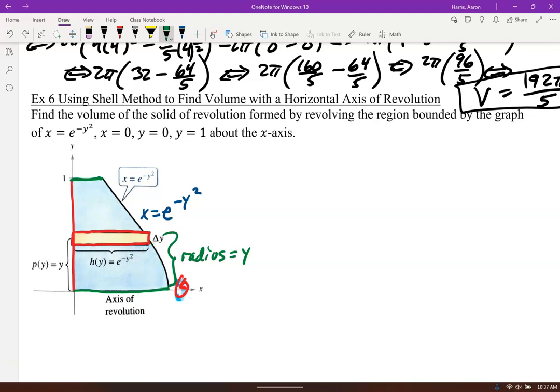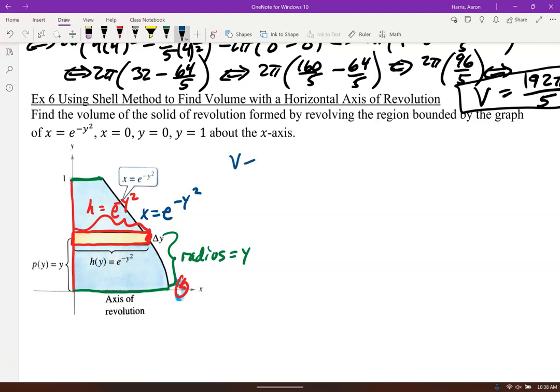And then the height would be right minus left. Well, the right-hand side is e to the minus y squared minus x equaling 0. So it's just e to the minus y squared. Right minus left is the height. E to the negative y squared. There's your height.